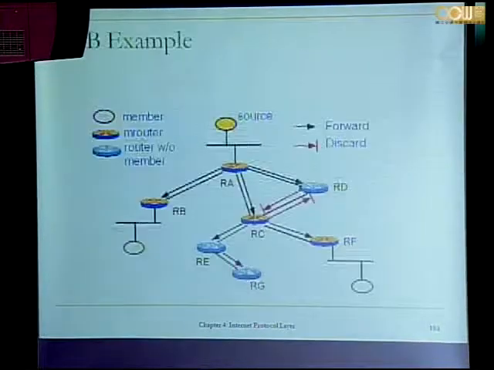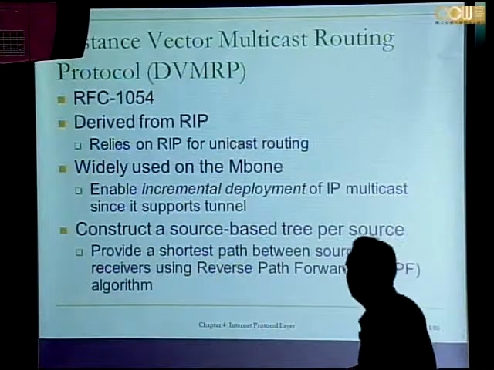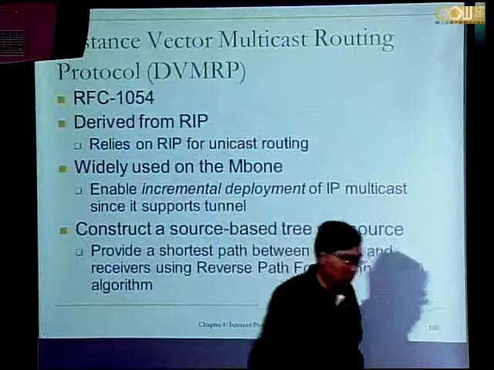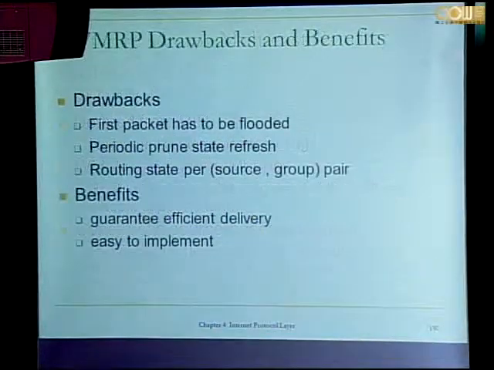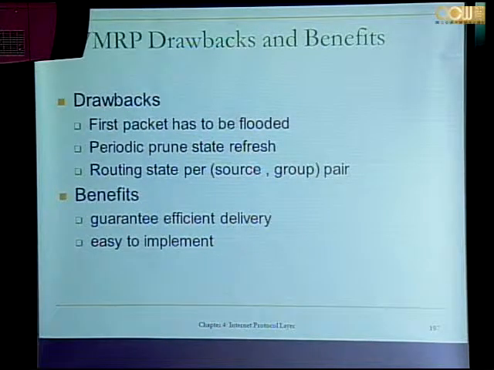And why is it called DVMRP, distance vector? Because it relies on RIP. RIP uses distance vector routing. Okay, there are some drawbacks and benefits of this scheme. Let's see the benefit first. It guarantees efficient delivery and is easy to implement.